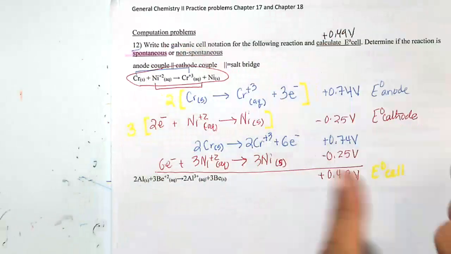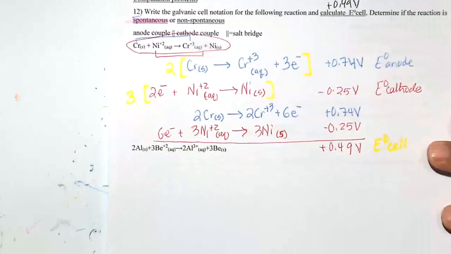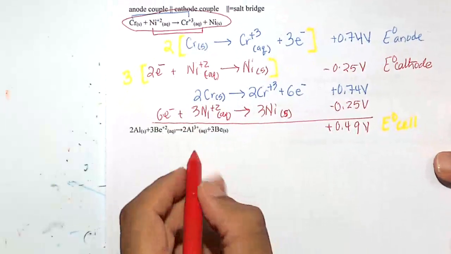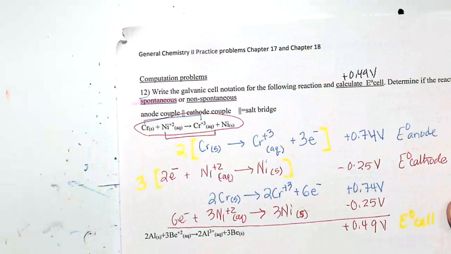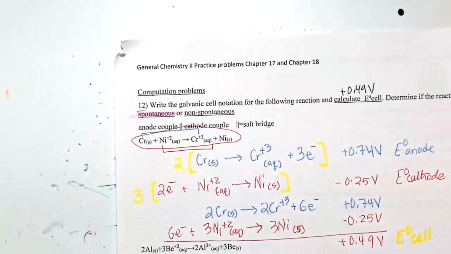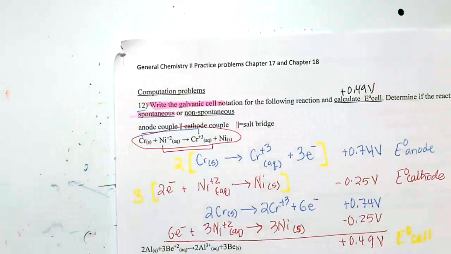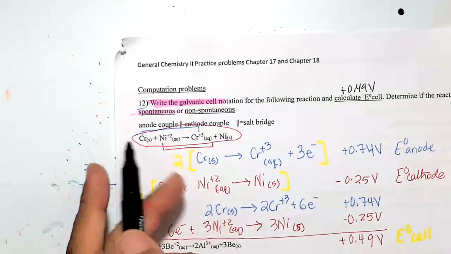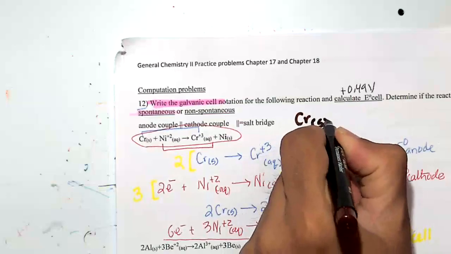All right, same thing with this one. Let's go ahead and do it. I'll ignore the coefficients. Oh, we forgot to write the galvanic cell notation. So how are we going to write the galvanic cell notation on the test? What comes first? The anode. So the anode is Cr solid.